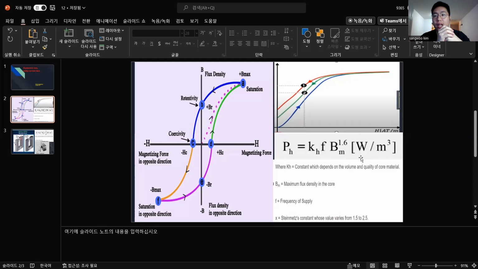Pure steel itself, but to reduce the eddy current, we add some material, something resistive. So we generally use Si, chemically, silicon. That means that because of the silicon Si, it's got to be 1.6 here. Okay, let's move on.